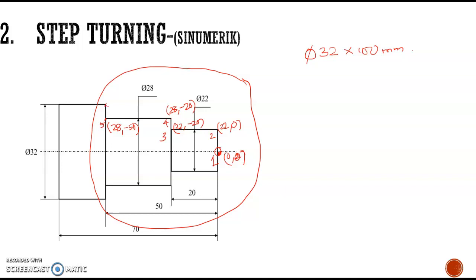And this one is the last point, the sixth point, where X is 32 and Z is minus 50. So these are the coordinates of the points which we need to keep in mind while writing the program.